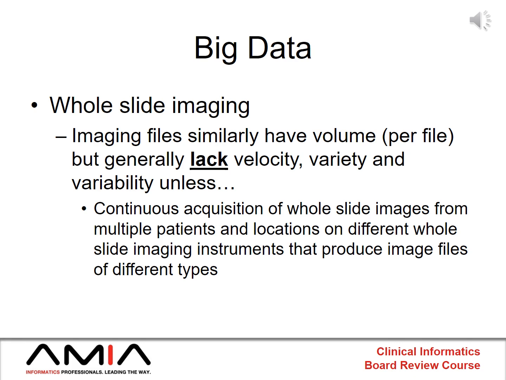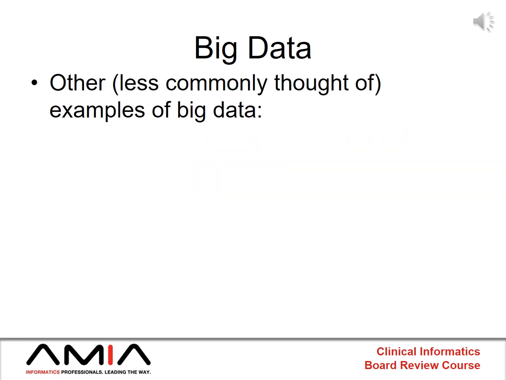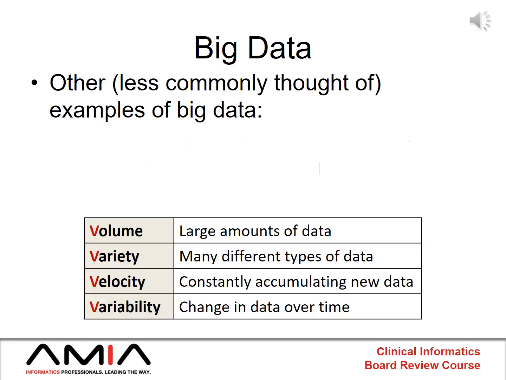However, they generally lack velocity, variety, and variability unless you're in an extremely large whole slide imaging laboratory that has constant and continuous acquisition of whole slide images from multiple patients and locations on different whole slide imaging instruments that produce image files of different types. What's interesting about big data is because the definition is not well known, many people may not realize that they're interacting with big data resources on a daily basis in healthcare.